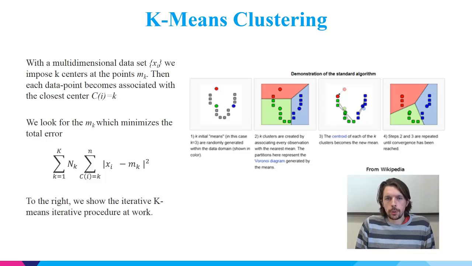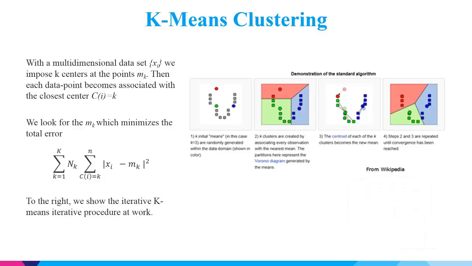And we're going to introduce a number k of prototypes or centers, and each of these has a position m_k. Then each data point becomes associated with the closest cluster, closest in the Euclidean sense.